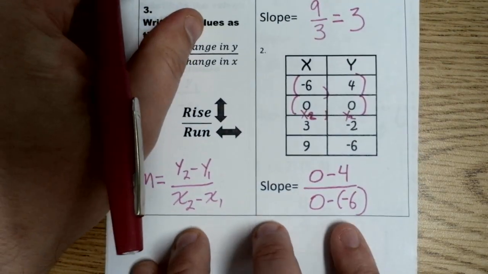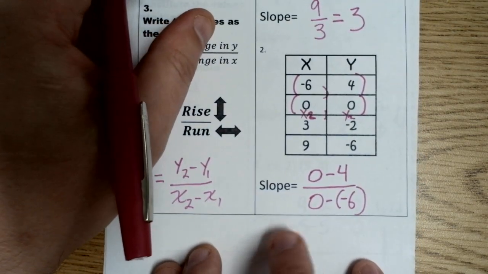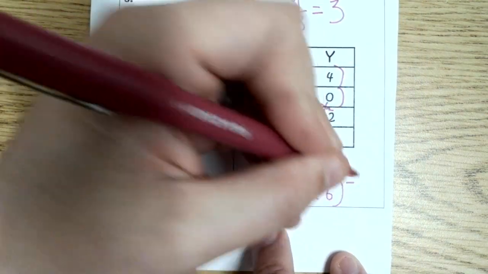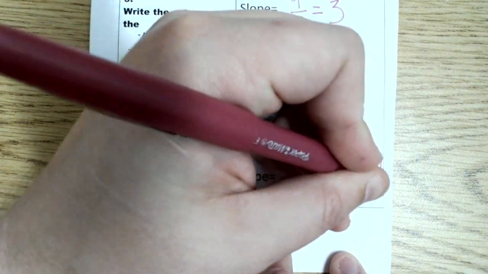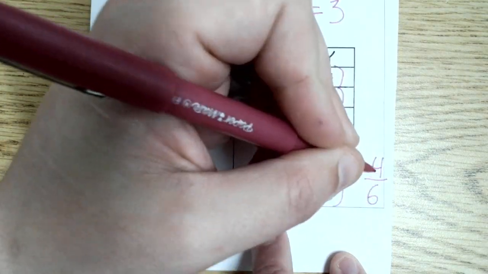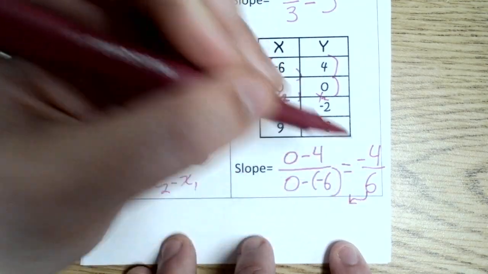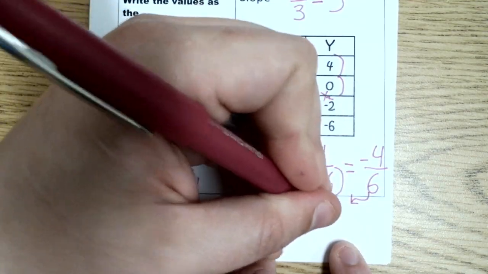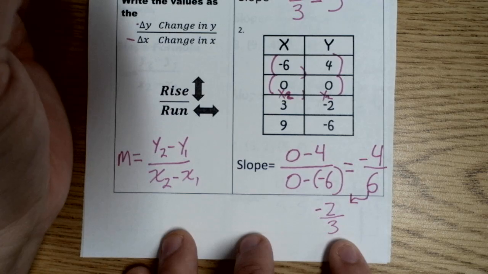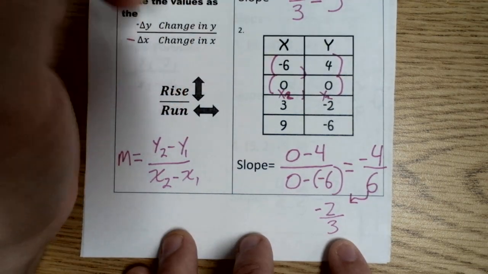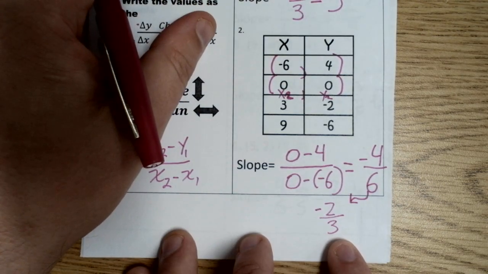Remember, if I'm subtracting a negative, 2 negatives go together to make a positive. So that would give me a -4 over +6, which would simplify down and give me -2 over 3.